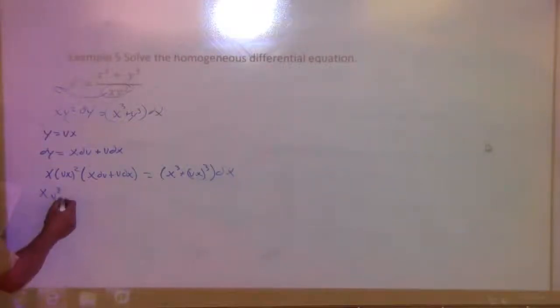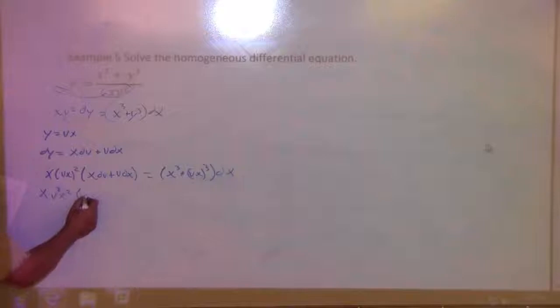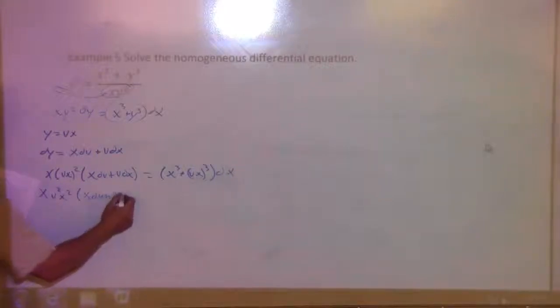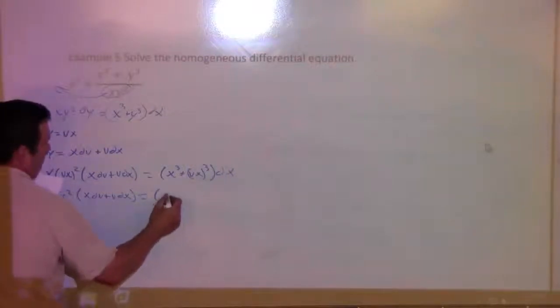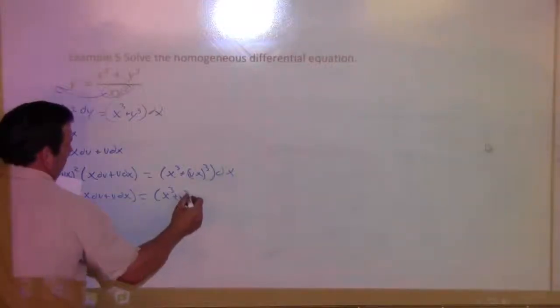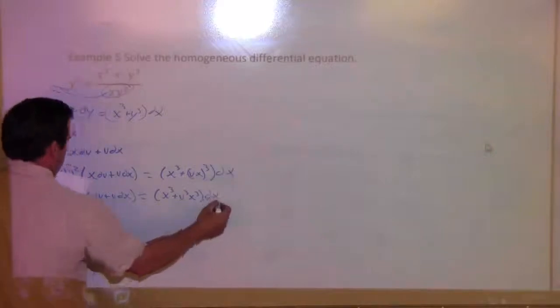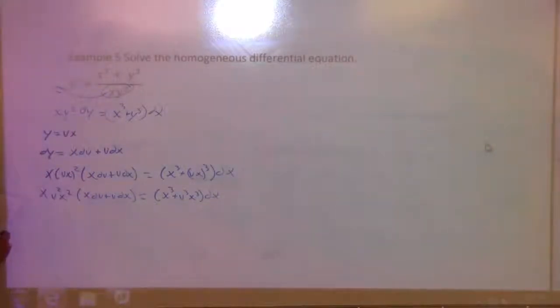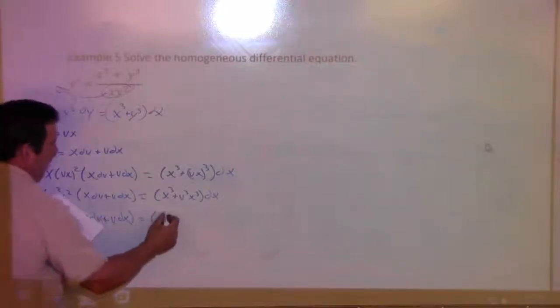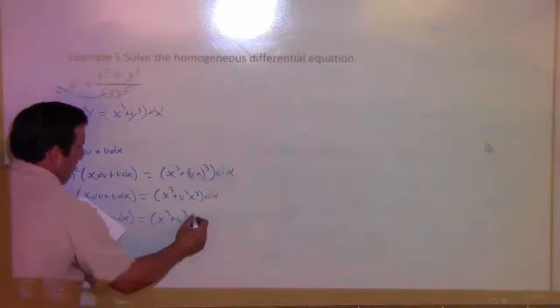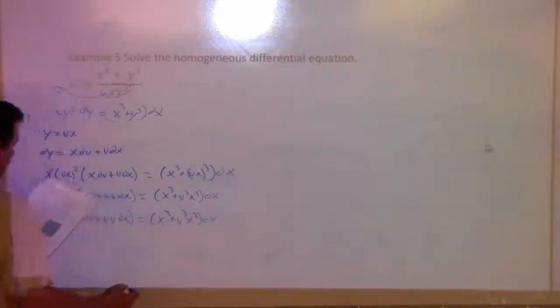So x v squared x squared times x dv plus v dx equals x cubed plus v cubed x cubed dx. So this is x cubed v squared times x dv plus v dx equals x cubed plus v cubed x cubed dx.